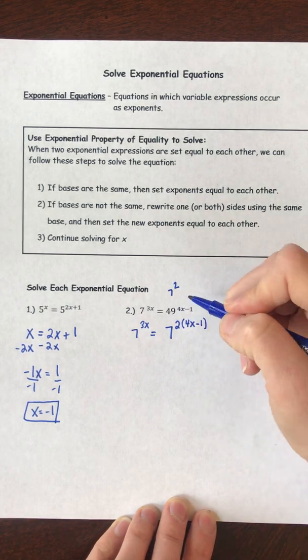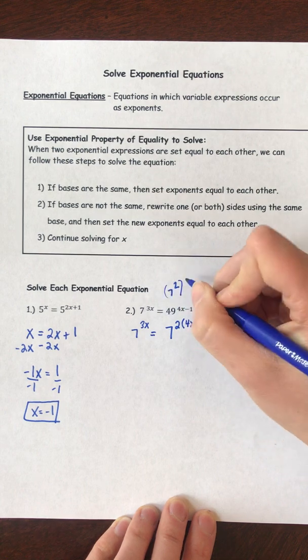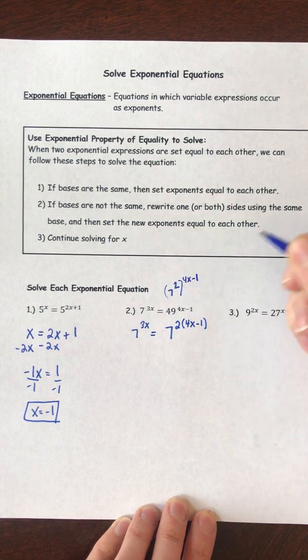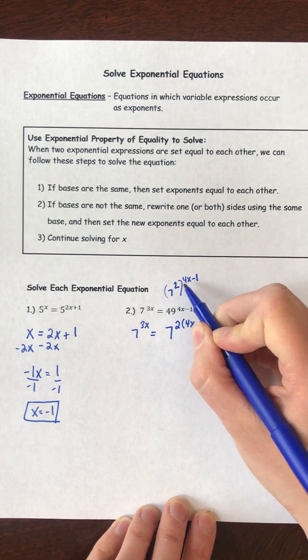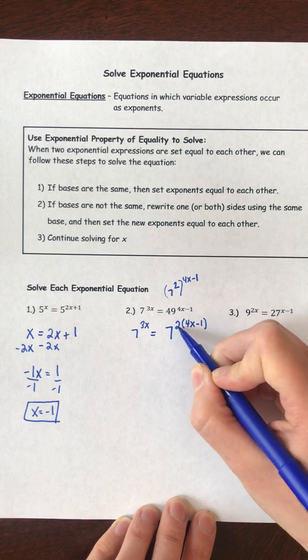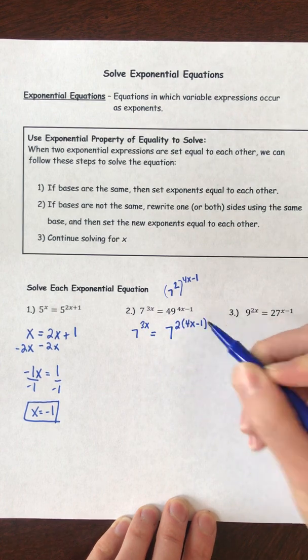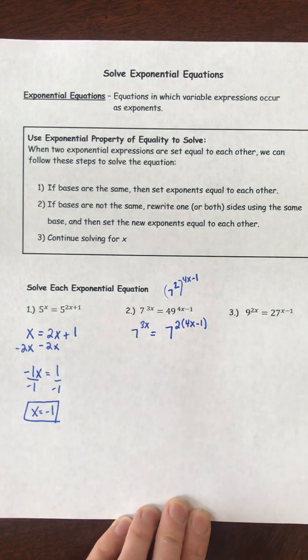Because what we really have happening is 49 is 7 to the second power, and that was all raised to the 4x minus 1. And if you remember, a power to a power, we multiply 2 times 4x minus 1. Okay, so whatever your new exponent is here, make sure it gets multiplied to the expression that was at the top. So now my problem looks like number 1.